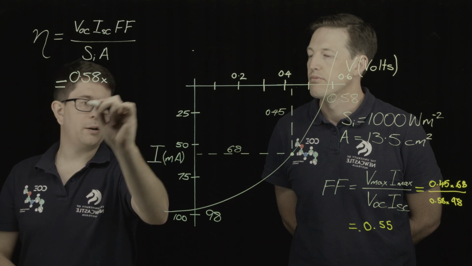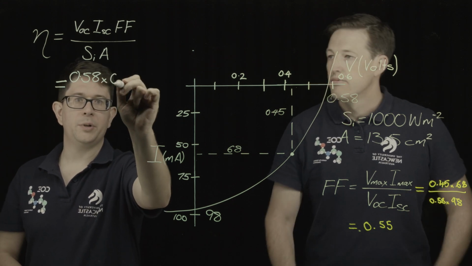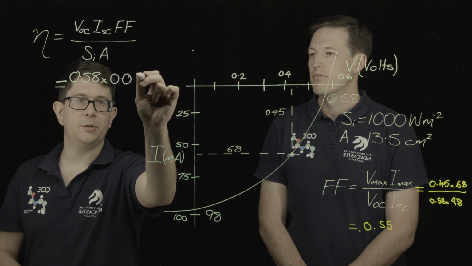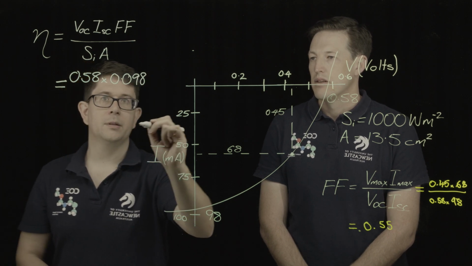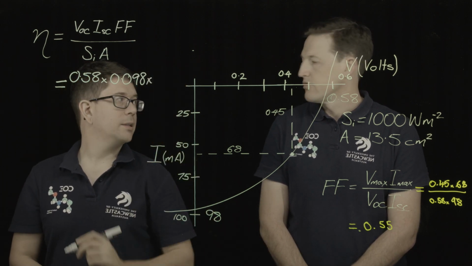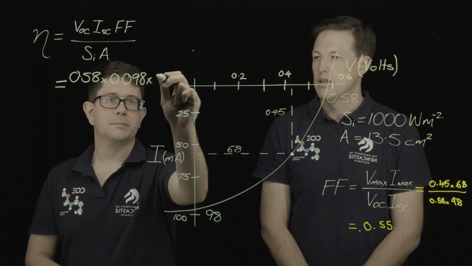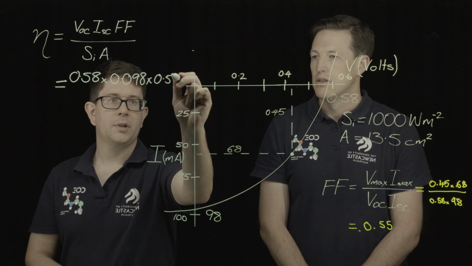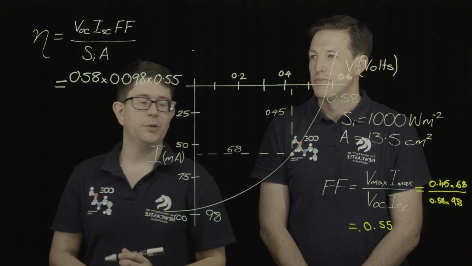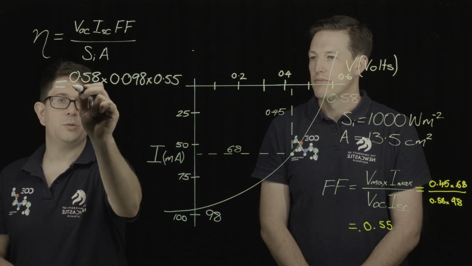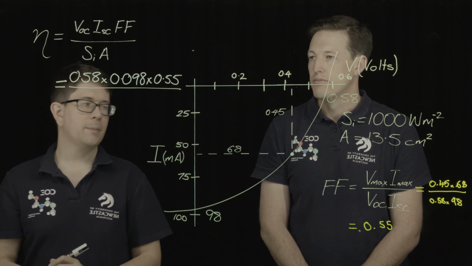Now I'm going to do the current a little bit differently. I'm going to put it in amps now, so 0.098. So this is another one of those conversions we have to make. It's important that you've got your units all in the right form. I'm going to put in a fill factor of 55% or 0.55.